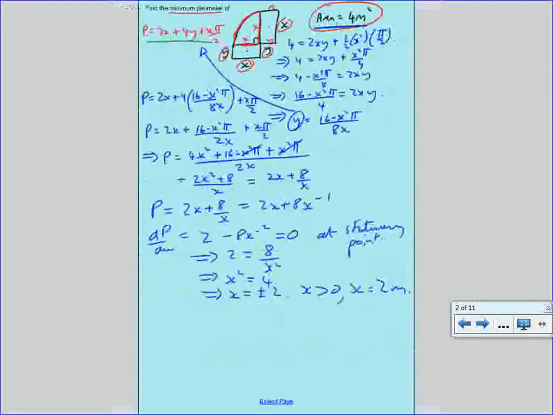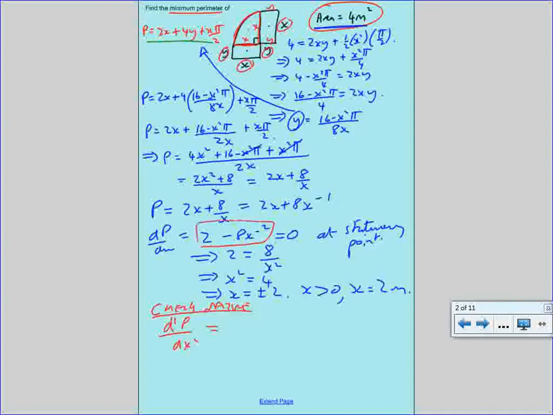What we could do is check our nature to make sure that we've found the minimum. So check nature, and I differentiate my p again. So d2p over dx squared equals, if I differentiate this again, 16x to the minus 3, yeah, which at x equals 2, d2p over dx squared would be greater than 0, so therefore it would be the minimum.